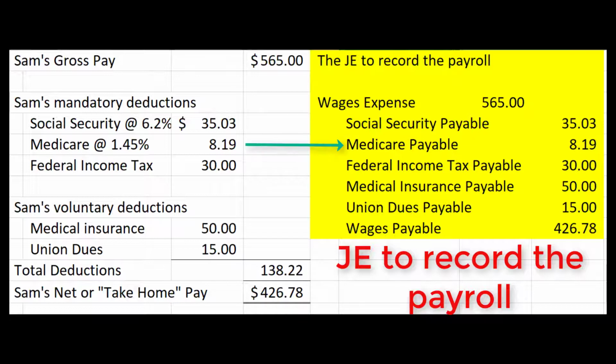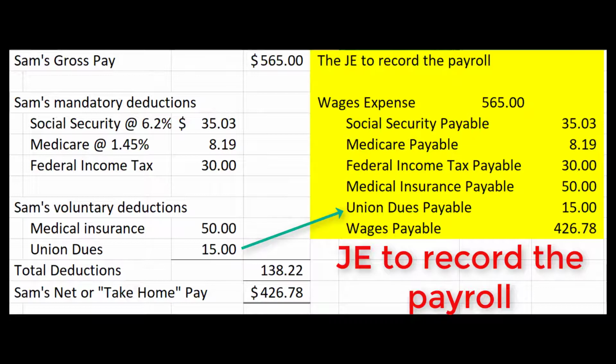The Medicare tax withheld was credited to Medicare payable. The federal income tax withheld was credited to federal income tax payable. On the voluntary deductions, we had a medical insurance payable for $50 and a union dues payable for $15.